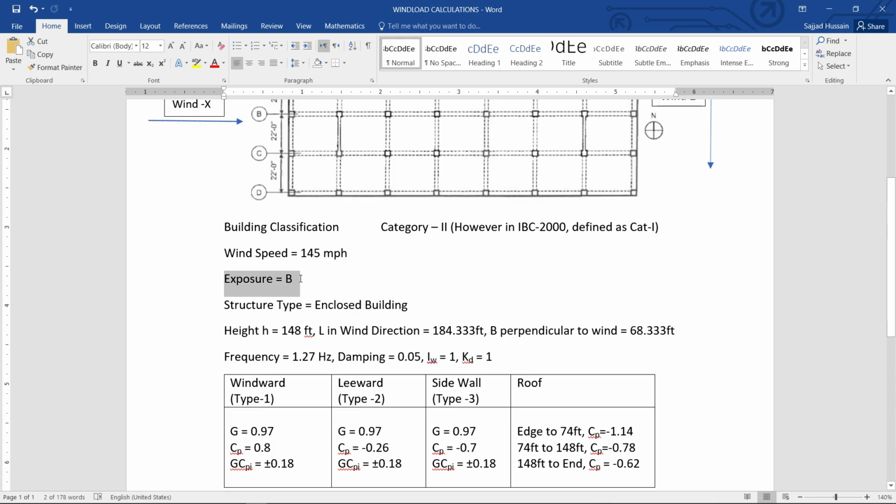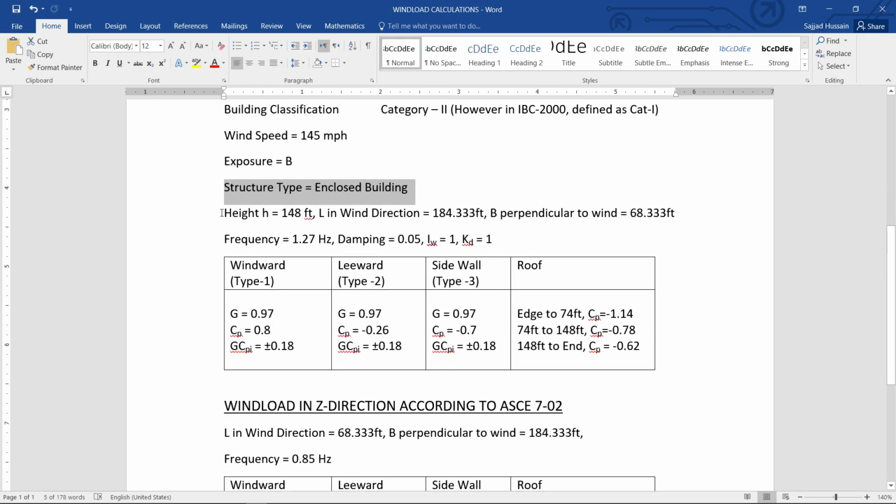Exposure is B. Structure type is enclosed building. Overall height of the building is 148 feet. Length in the direction of the wind is 184.33 feet. Width perpendicular to the wind is 68.33 feet.